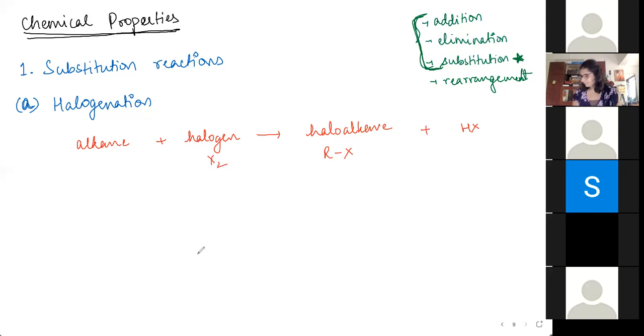Another important piece of information about this reaction is that you absolutely need to give it some energy. This takes place only in the presence of light, or you heat it to 573 to 773 Kelvin, between these temperatures.